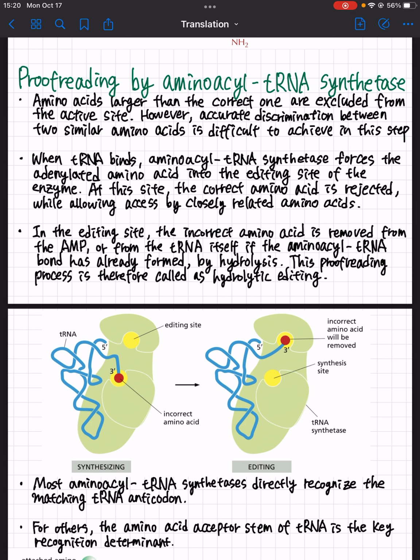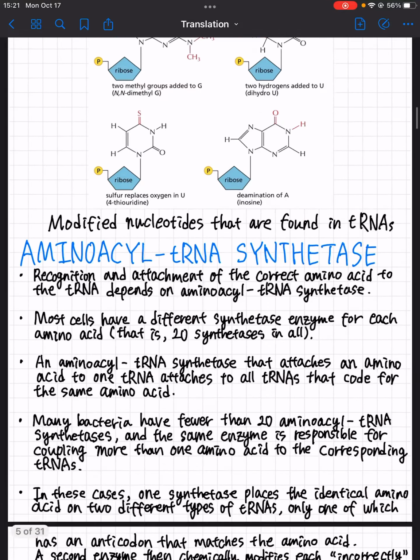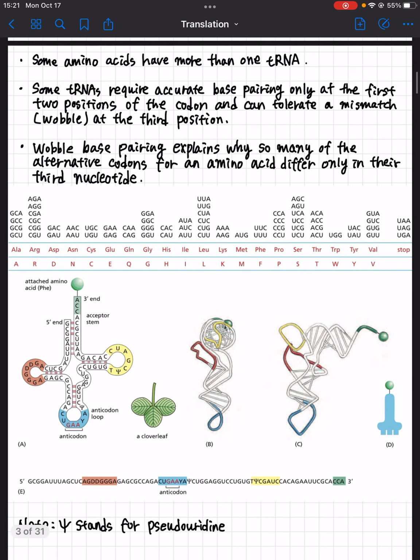For other synthetases, the nucleotide sequence of the amino acid accepting arm, the acceptor stem, as I mentioned a while ago, this is the acceptor stem, is the key recognition determinant. In most cases, however, the synthetase reads the nucleotides at several different positions on the tRNA.